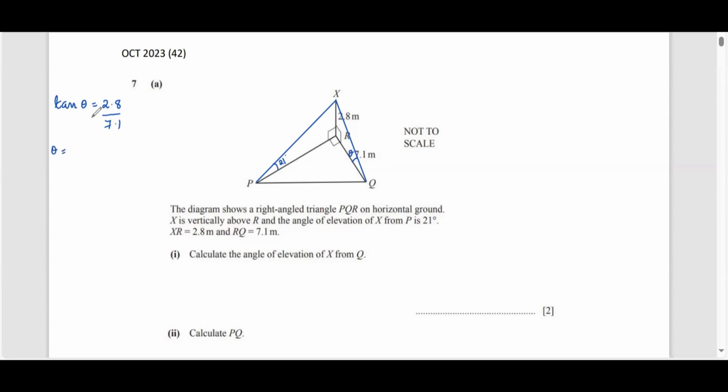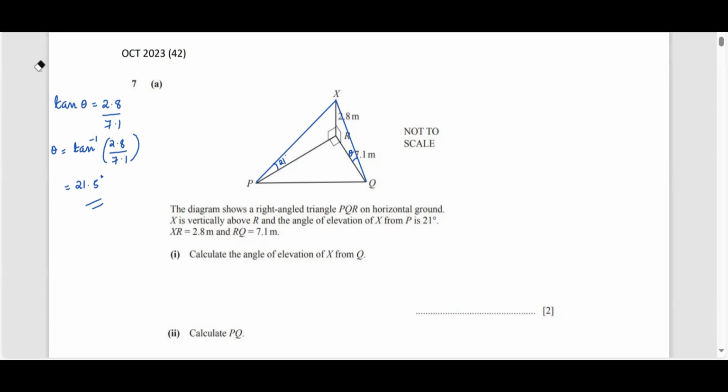So theta will be tan inverse of 2.8 over 7.1. When we put this in the calculator, it will give us the answer 21.5 degrees. So this is a 2-mark question, so you can just put 21.5 over there.